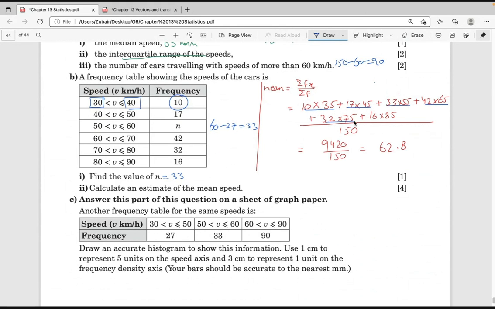Oh, my bad. So we are getting different answers. I think I did it wrong. I'll check it quickly. Sir, I did it correct. It's coming 57.4.